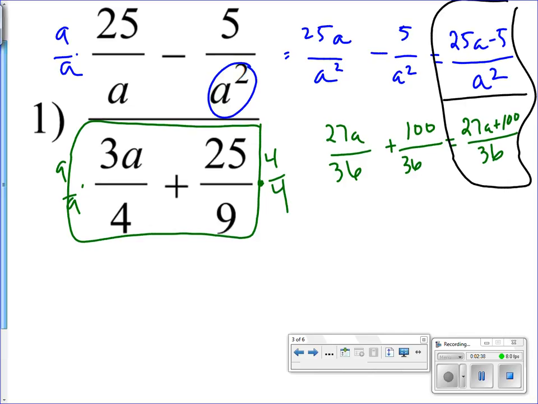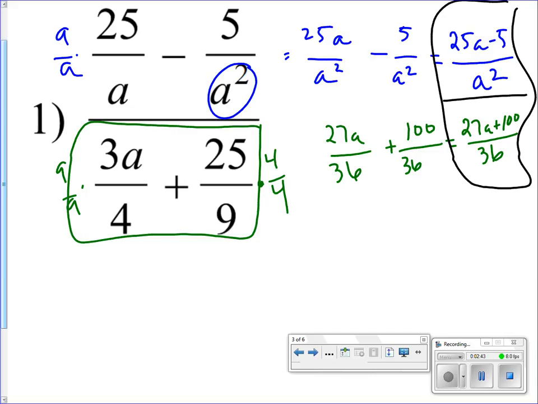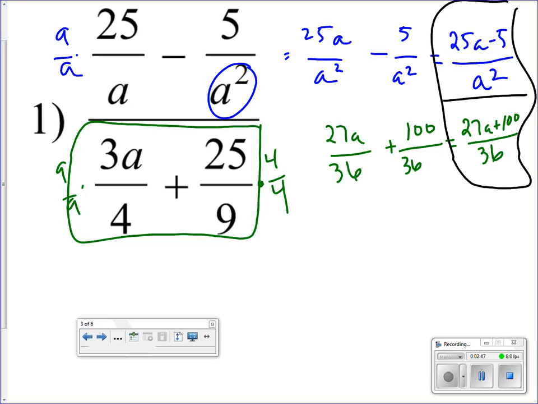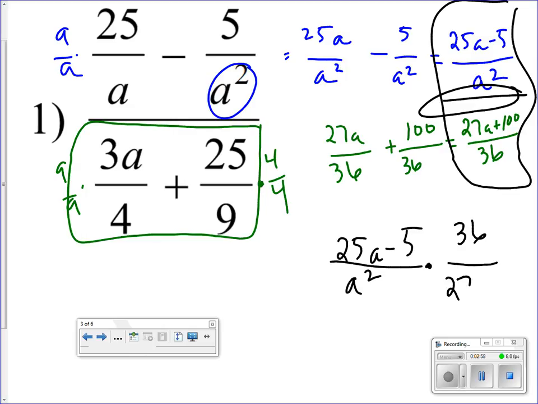So the easiest way to do that is to multiply the numerator by the reciprocal of the denominator. So that's going to look like the numerator. Instead of dividing by a fraction, it's easier to think of it as multiplication by the reciprocal.